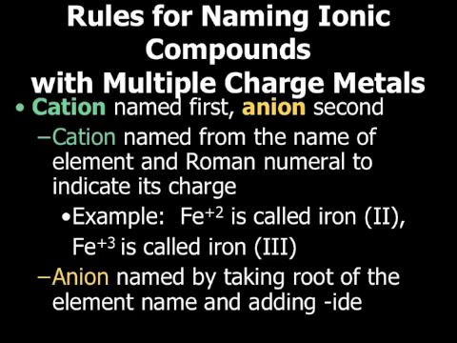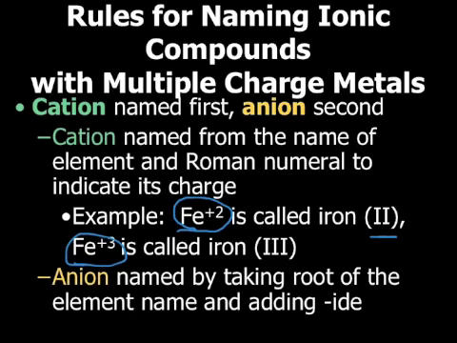And again, the difference is that when you name the cation, you use the name of the element, but then you also have to include a Roman numeral to indicate what the charge on that particular atom is. That is because, like we saw in the activity we did in class today, some atoms can form more than one ion. If it's one of these multiple charge metals, like iron here, iron can be a +2 or iron can be a +3.